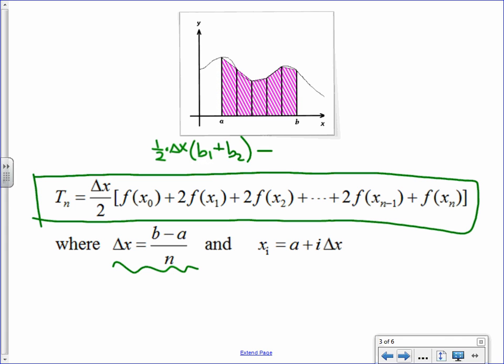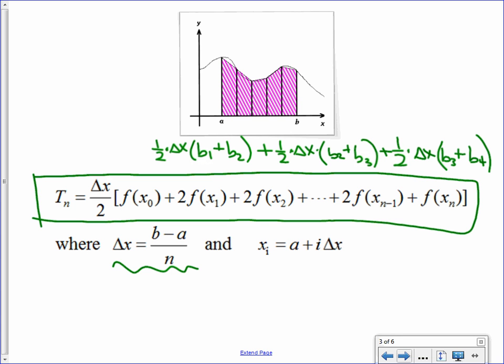Then we would move to this next trapezoid, 1/2 times the height, which is the same, times the sum of the bases. So this is base 2 plus, I'm going to call this base 3. Plus, the next trapezoid, we have 1/2 times the height, delta x, times our third base, and we're going to add it to our fourth base. We're going to keep going.